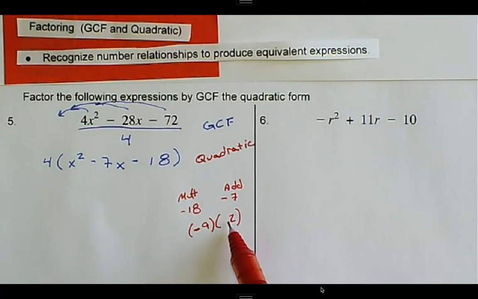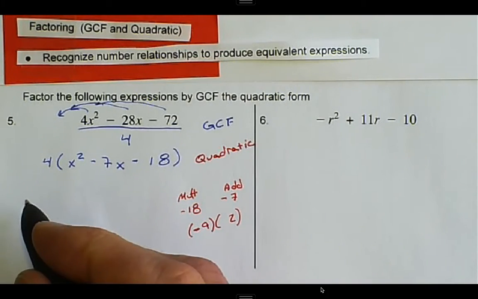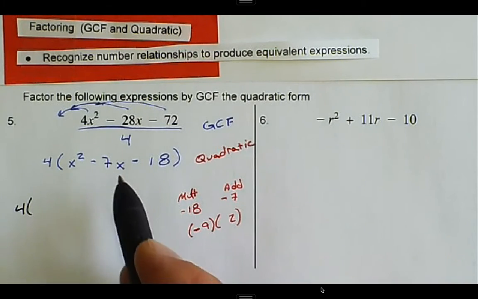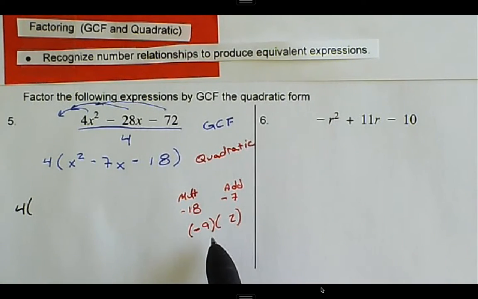Negative 9 times 2 is negative 18. Negative 9 plus 2 is negative 7. So then we found what those are. And then we can substitute those in. So we can rewrite this. We keep the 4 out front because that has to be there because we factored it out. And now we can write down our binomial.